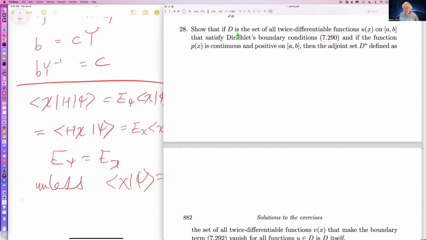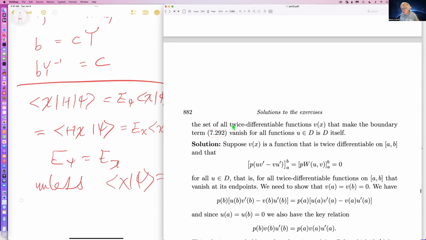So we want to show here that if D is the set of all twice differentiable functions that satisfy Dirichlet's boundary condition, that P is continuous and positive, then the adjoint set D star, which is the set of all twice differentiable functions V that make the boundary term vanish for all functions U in D, is D itself.